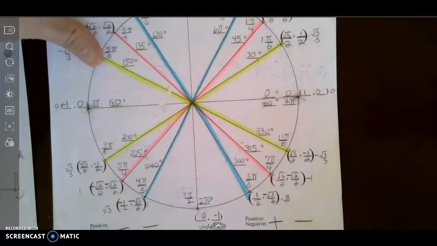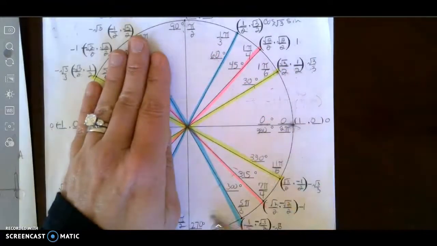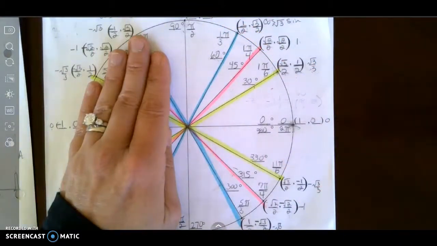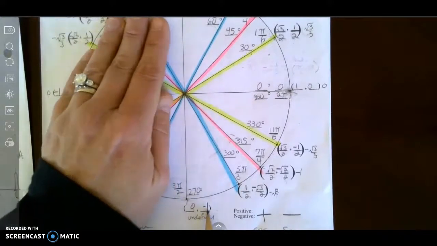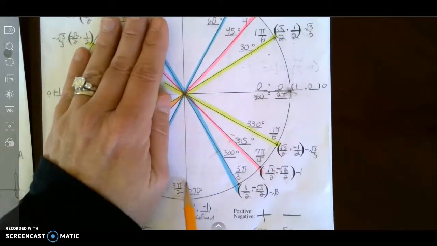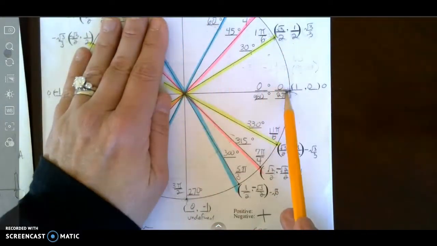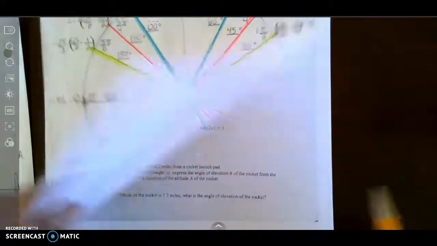Since it's an inverse, I'm only looking at this part of the unit circle for sine. That's it. And sine is the y coordinate right down here. Sine is -1. But I don't call this 3 pi over 2. Remember, this is positive pi over 2, which makes this negative pi over 2. So the answer here is negative pi over 2.